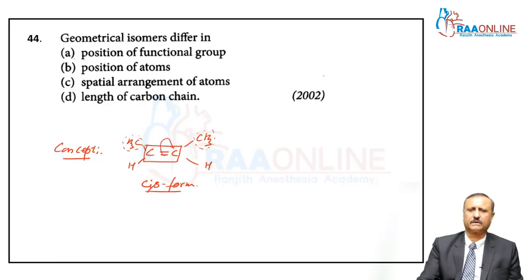when partial or restricted rotation takes place, then you can see here CH3, H, here this is H, and CH3, the same groups are present on opposite sides.